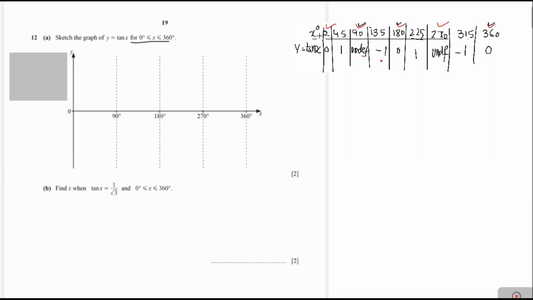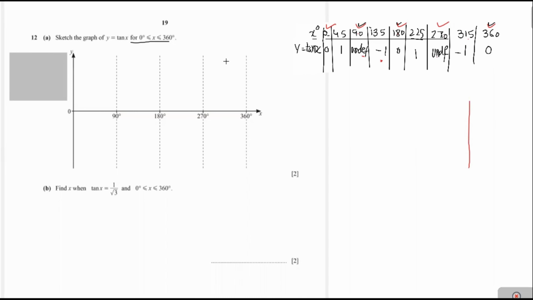Now we calculate tan 0, tan 45, tan 90. You see here tan 0, tan 180, tan 360, the answer will be 0. And the values of tan 90 and tan 270 are undefined. The value on the y-axis, the tan will be undefined.